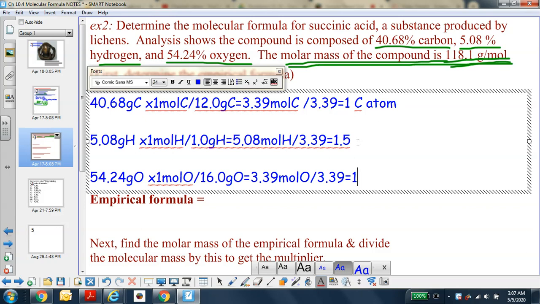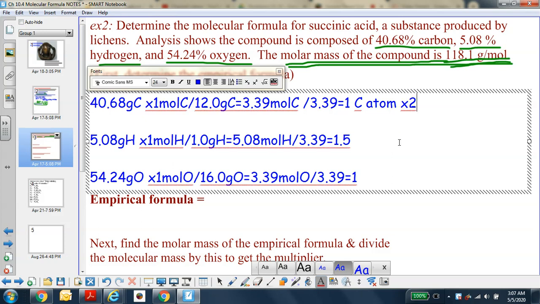Well, what do I need to do? I've got a 1, a 1.5, and a 1. And these need to be in whole number ratios. So what I'm going to have to do is multiply by 2. Okay, so I'm going to double all of these answers.